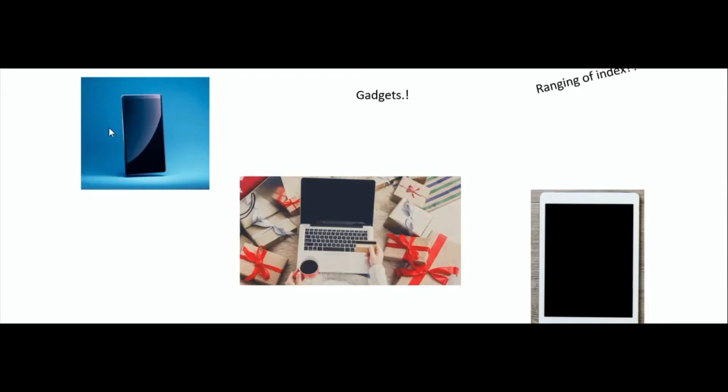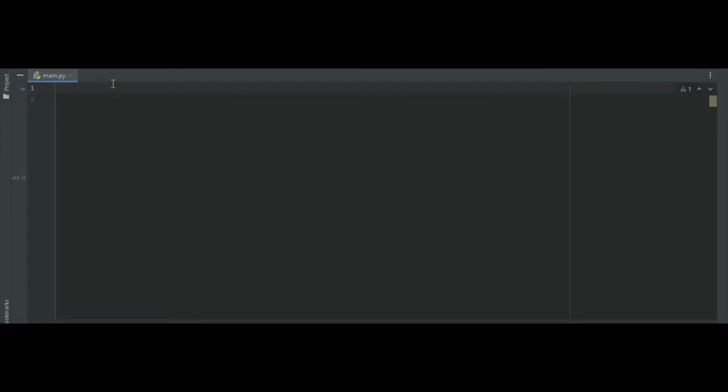Like when you are specific to some items and you want those items only to be printed, then you can do it with the help of the ranging of an index. And when you want to append or add something into that specific program, what you're gonna do is just write dot append.